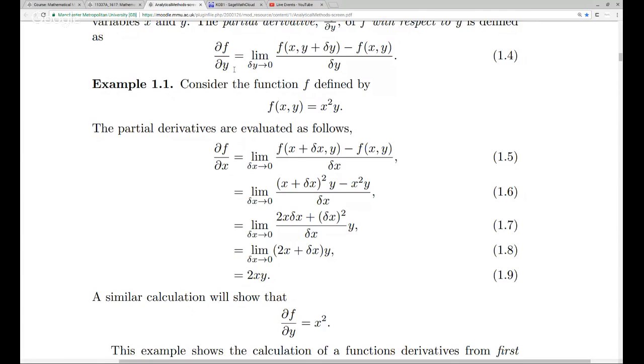You can do the very same kind of calculation, but with respect to the y variable, and this time you'll find that the partial derivative is x squared. So that's a couple of examples of working out partial derivatives from first principles, or just straight from the limit definition.